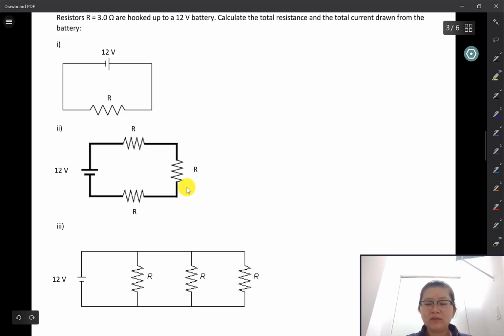I'm going to give you a basic tip in this video on how to start off, or how to generally approach solving a circuit. Here I have a first circuit, in which there's a battery and a resistor connected to it. This one is the simplest case you can ever get.